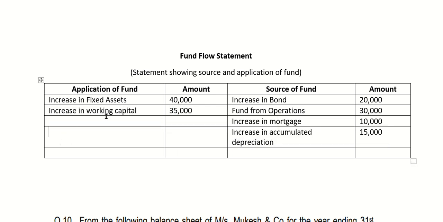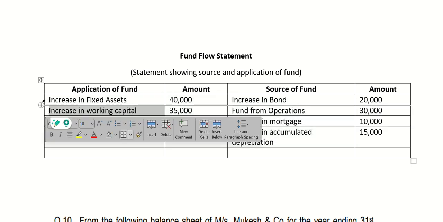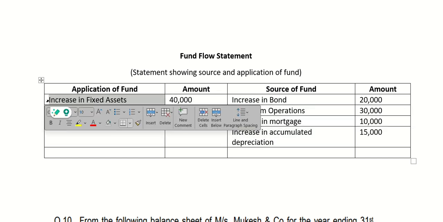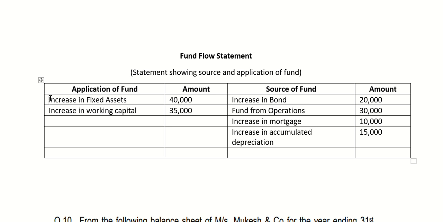This is the last item we have to take. By then we have taken all the changes that happened in the balance sheet, including the changes in working capital, every change within the two years, 2016 and 2017.